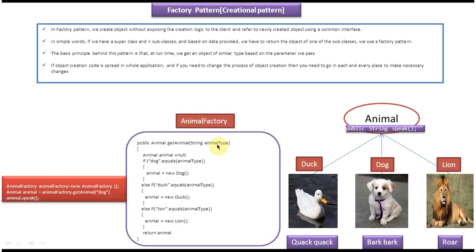So it will call this method, and a Dog object will be created and assigned to the superclass reference Animal, and that Animal will be returned to the caller.